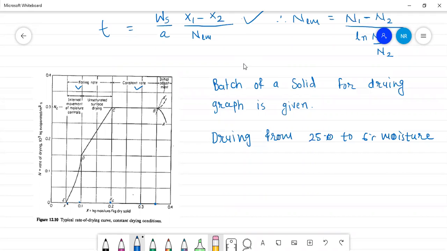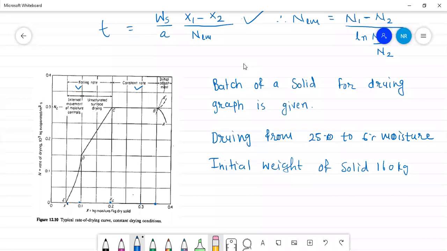Initially the weight of solid is 160 kg.